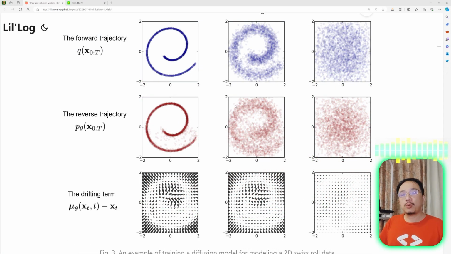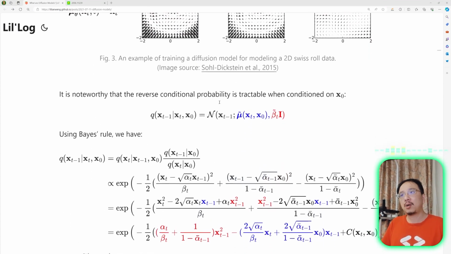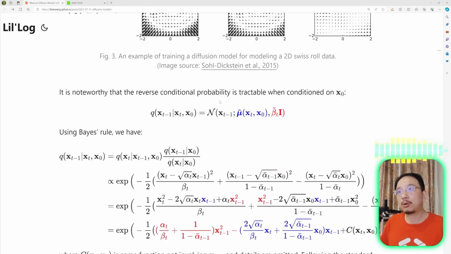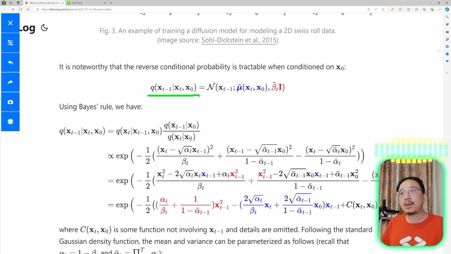Okay, let me switch the theme to a light theme, because some of the formulas we're seeing here require a white background. So let's first look at this equation here. This is something that we can derive directly from the formula. That is, we can compute the conditional probability of xt minus 1 given xt and x0.